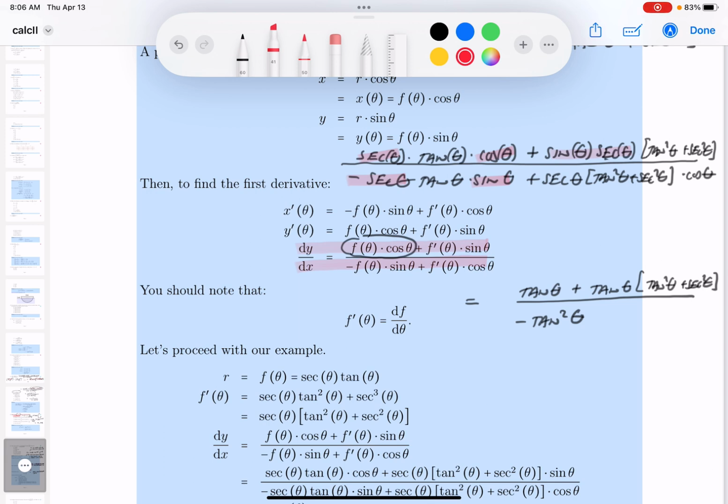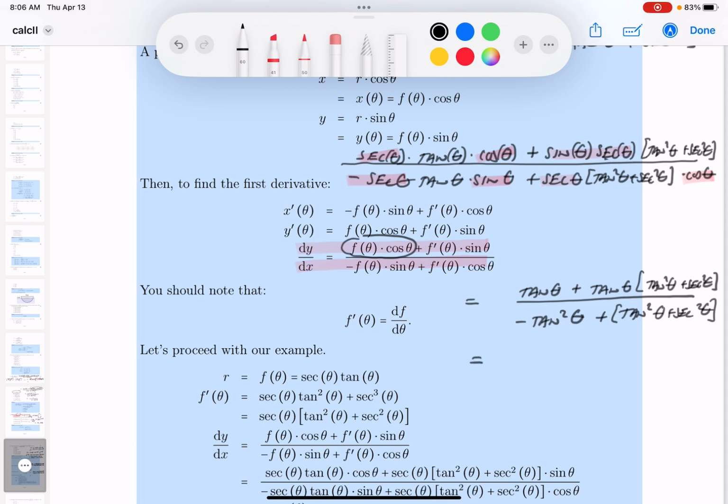And then I see the secant theta times cosine theta, which is going to be conditionally 1. So I'm left with plus 1 times the tangent squared theta plus secant squared theta. All right? So let's take a look at it and see what I see.